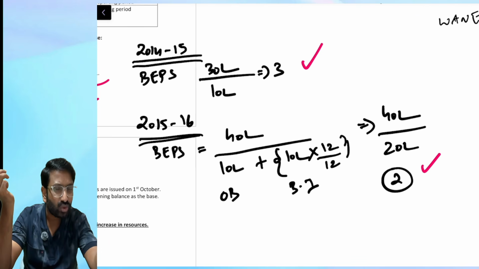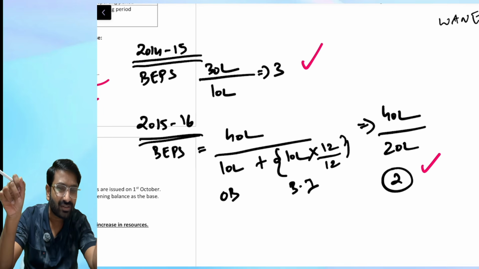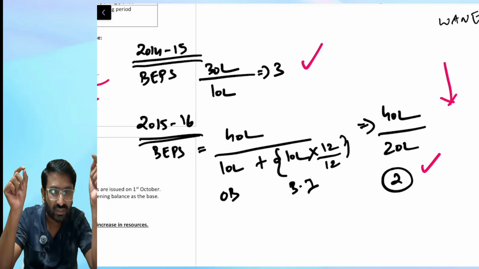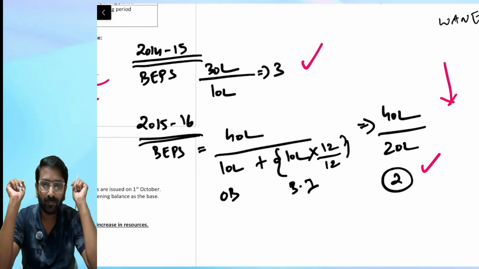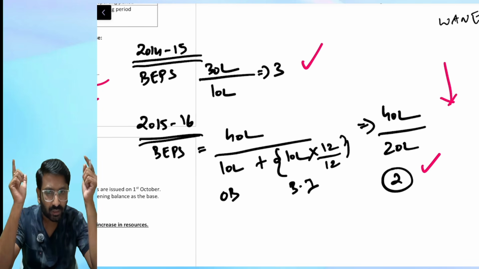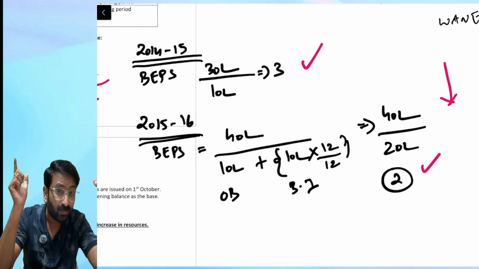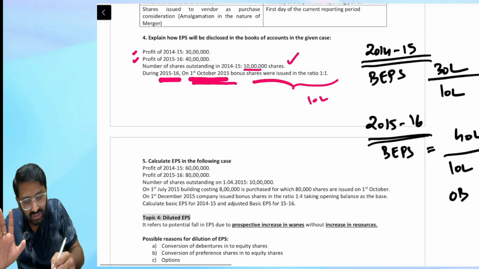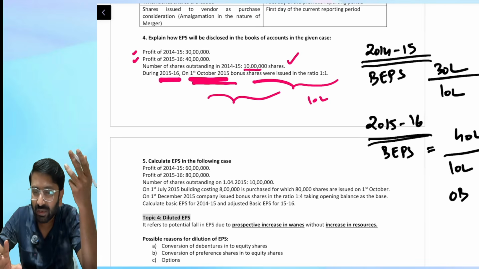So if a layman looks at your books of account, they will think that since the EPS is coming down, they will assume that the company performance is actually going down. Correct? But if you observe properly, company is actually improving because, sir, when you make a bonus issue, money is not coming now.